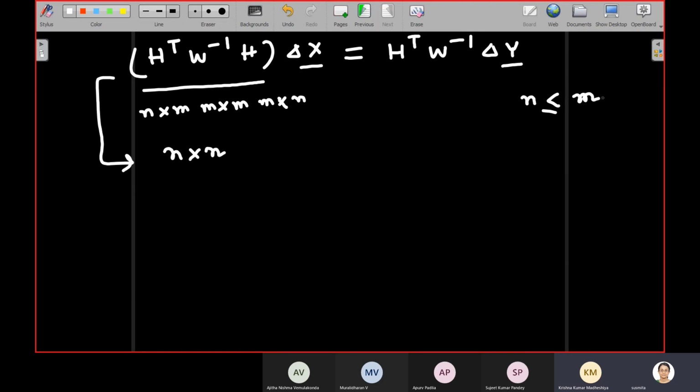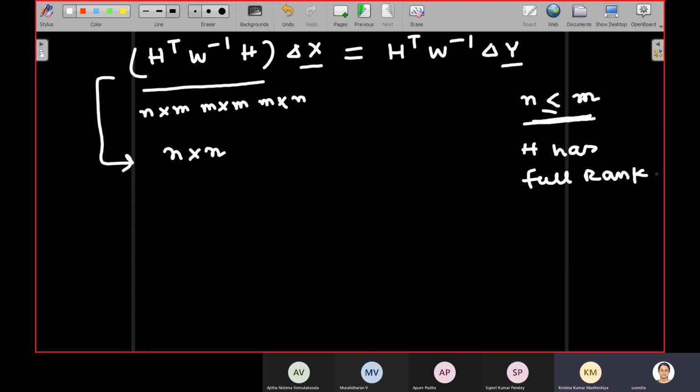It has to be smaller. Can be equal also to the number of measurements. Okay. So when this happens and H is of full rank, H is a rectangular matrix. H is not a square matrix in this case. We assume that M is more than N.